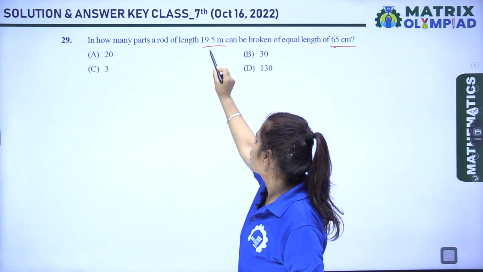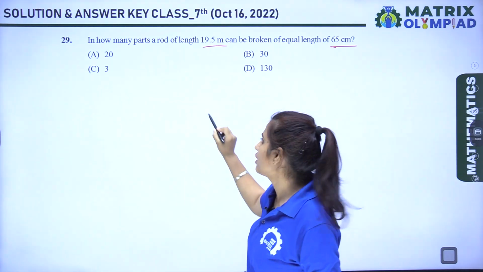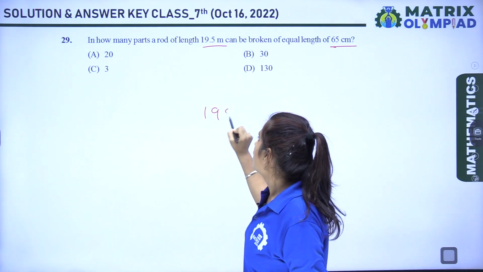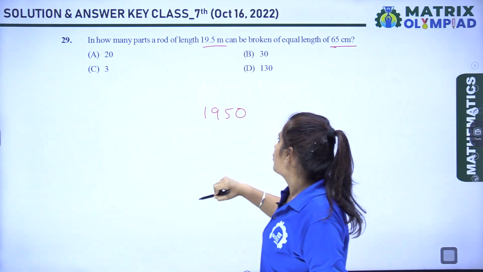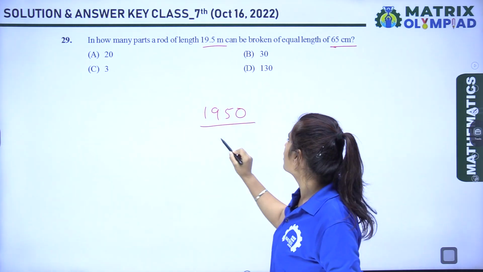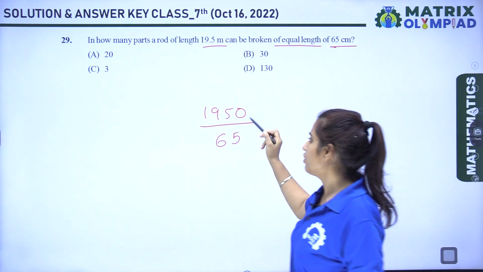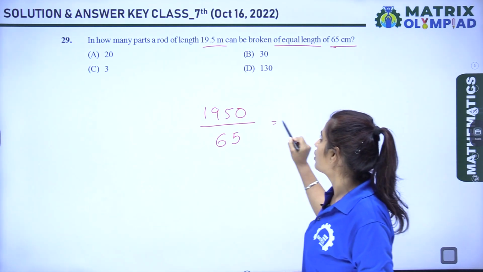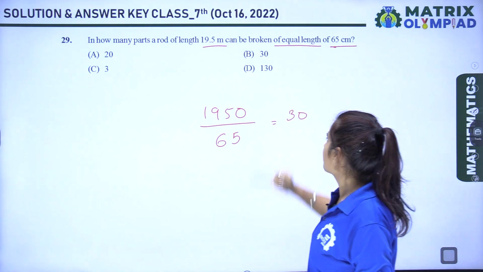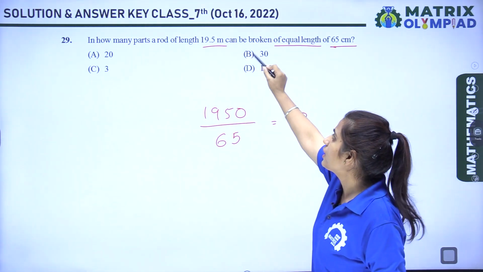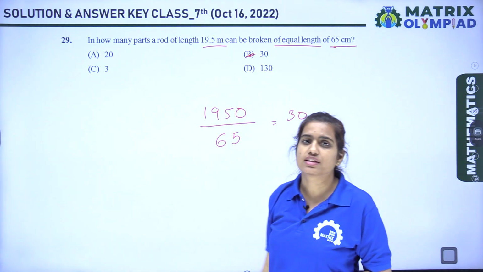Now here we are converting 19.5 meter into centimeter. So we will get 1950 upon 65 centimeter. Dividing 1950 by 65, we get 30. So here option B is the correct answer.